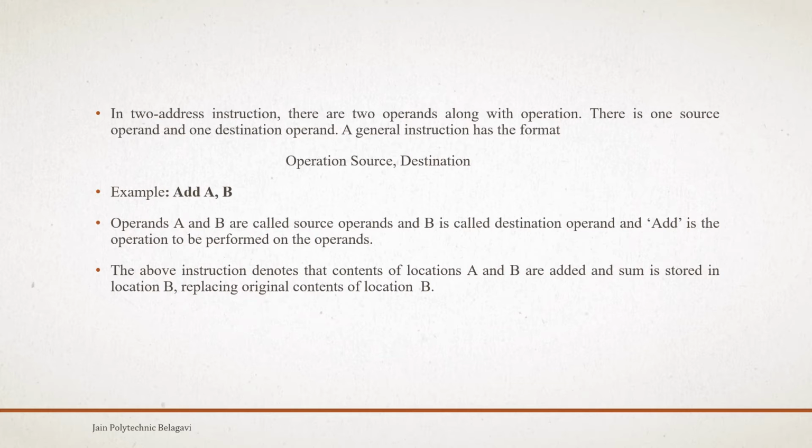The contents of locations A and B are added, and the sum is stored again in location B. So the previous contents which were there before addition will be replaced.